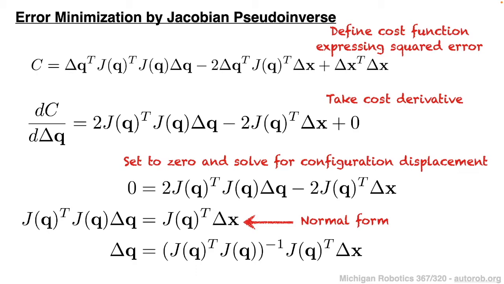First, we define the cost function just as we did for the Jacobian transpose derivation. The cost function is going to be the squared error in the pose of the end effector.